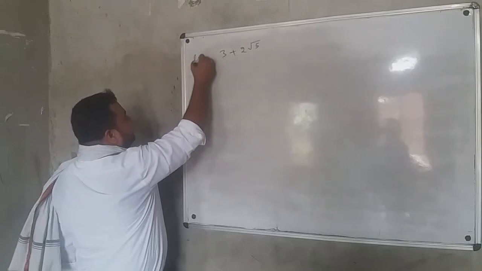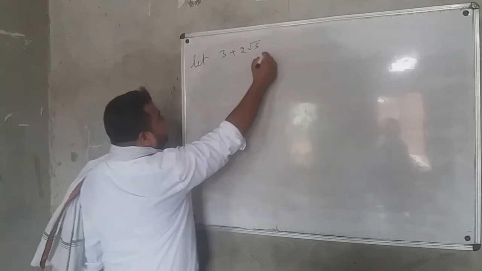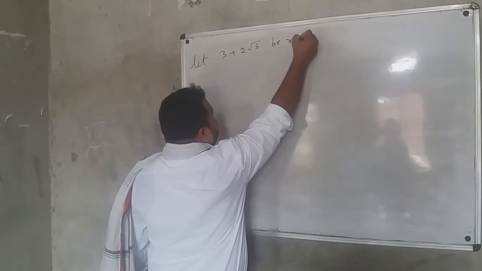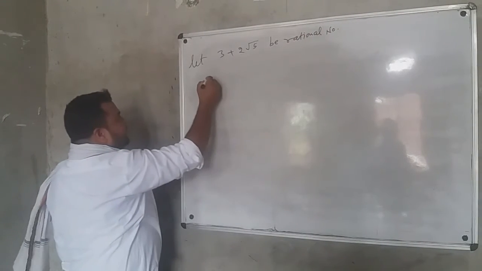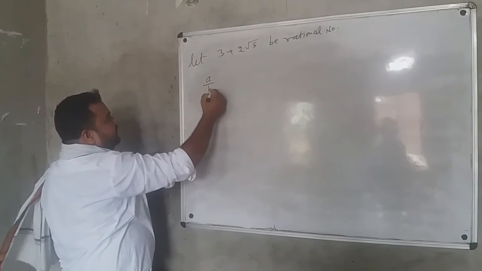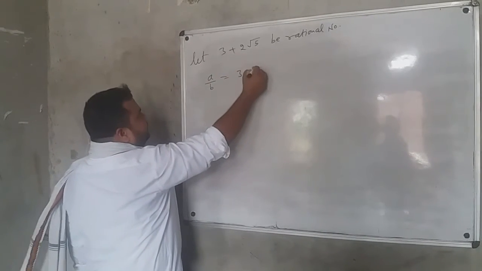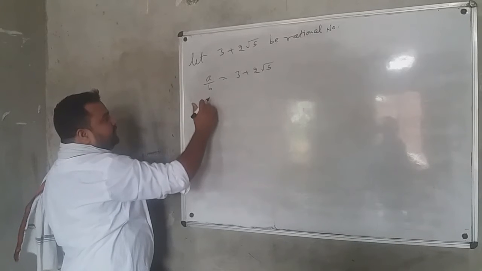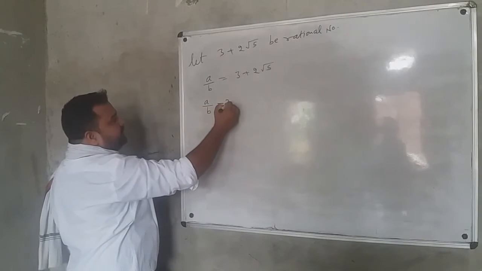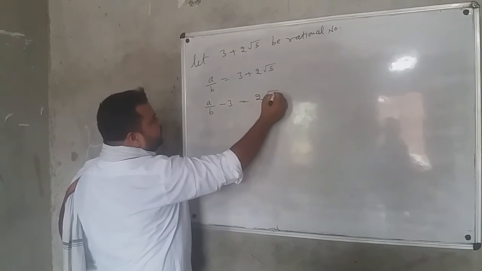So here let 3 plus 2 root 5 be a rational number. So let me write a by b equal to 3 plus 2 root 5. So on solving this, a by b minus 3 equal to 2 root 5.